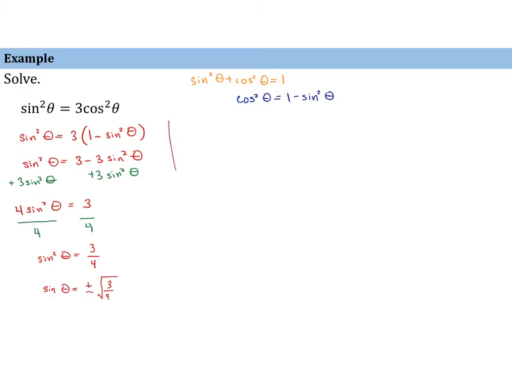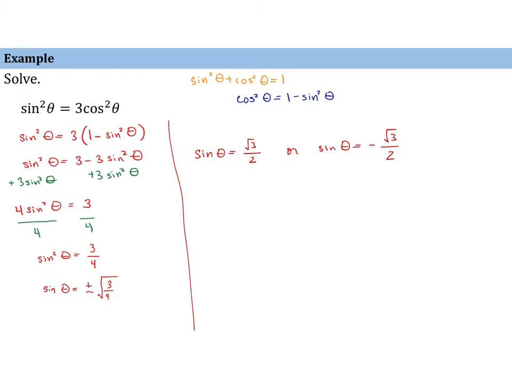So what's that mean? This means sine of theta is equal to either the square root of 3 over 2, or sine of theta equals the negative of the square root of 3 over 2. So let's look at each of these.